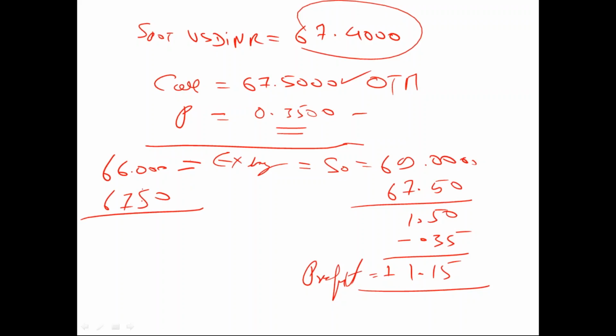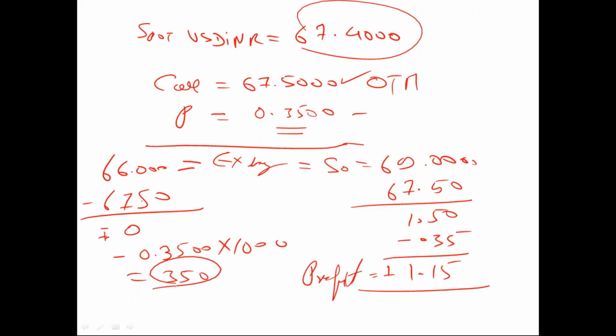67.50 was your buying, because the intrinsic value will not be negative, so it should be 0. Okay. So in that situation, the loss would be the premium you paid, that is 0.3500. And if the lot size is 1000, that means for one lot you might have paid 350 rupees. So this will be your maximum loss.